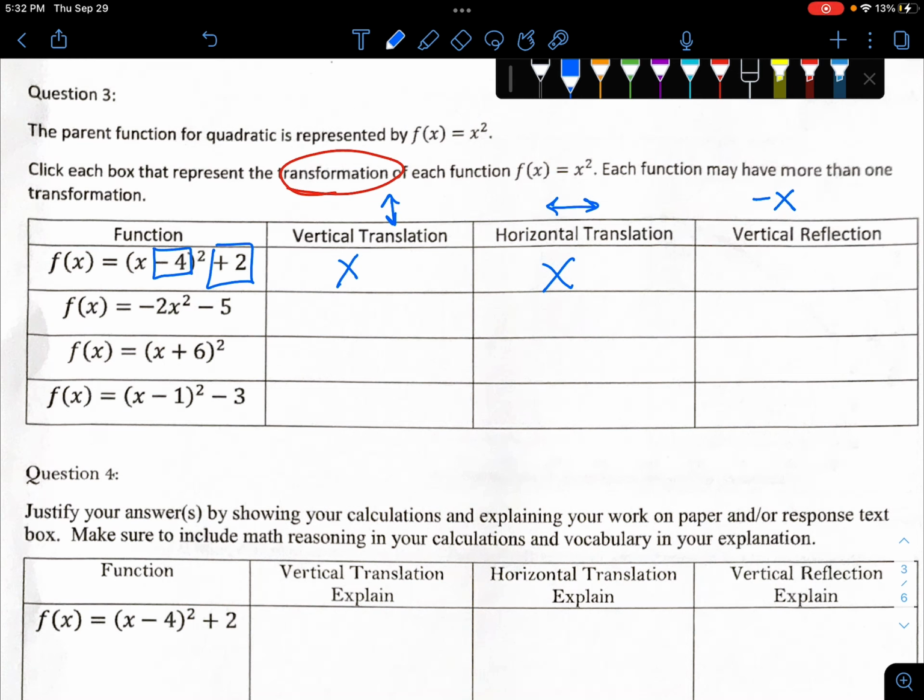For example, the second one, there are no parentheses, so we don't check this box off. But there is a vertical translation, and a equals -2, so there is a vertical reflection.